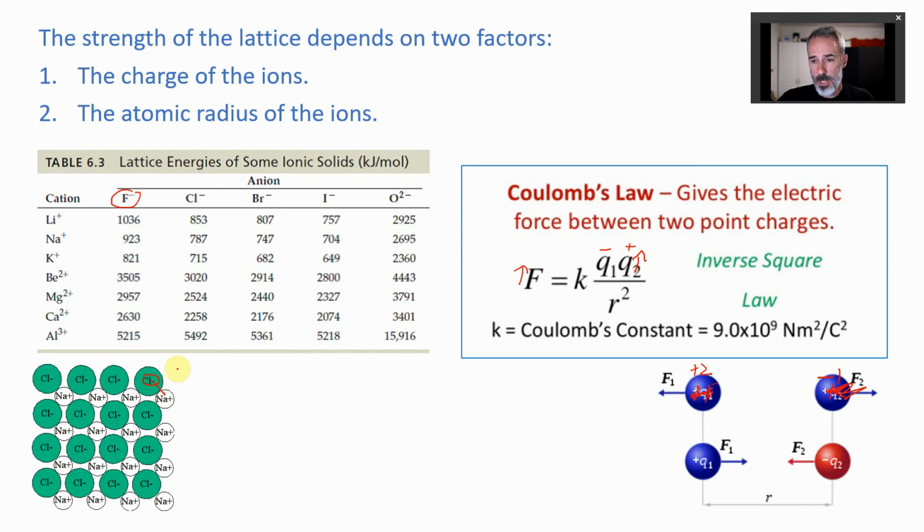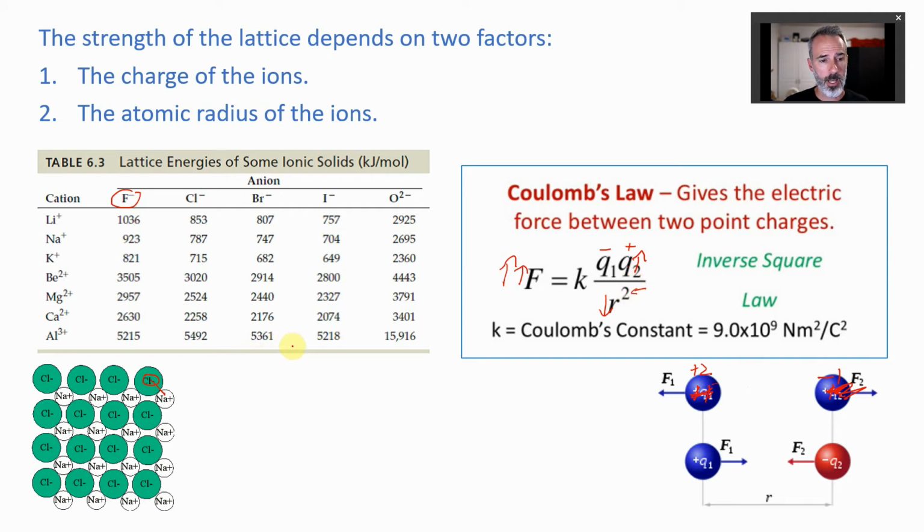So smaller ions can cozy up closer together, and you'll have a decrease in the distance between their nuclei, and that will cause a huge increase in the force of attraction. And you see that squared there? That's implying that a shrinking of the radius would have a much bigger impact than simply doubling the charge.